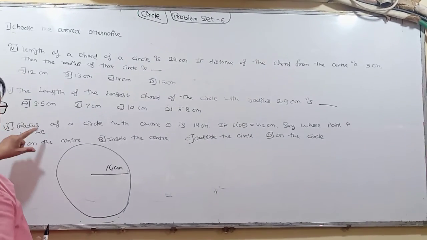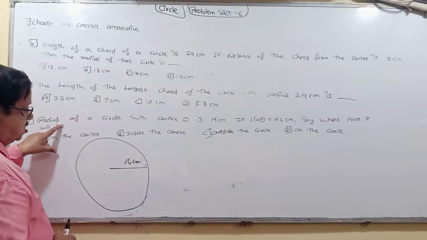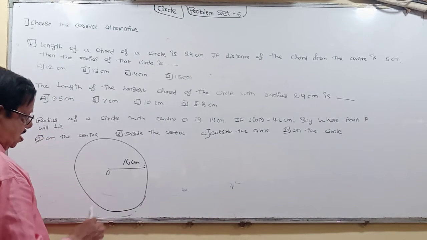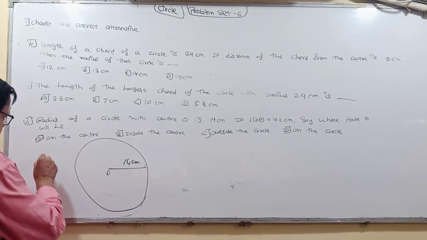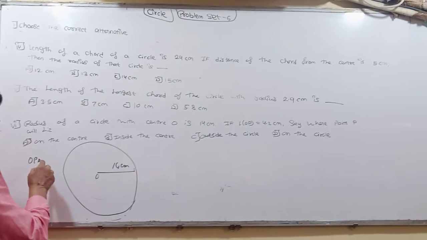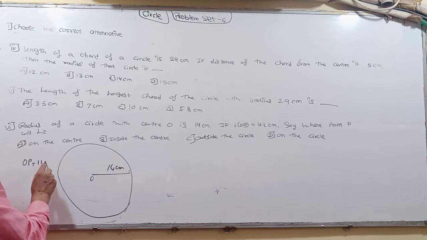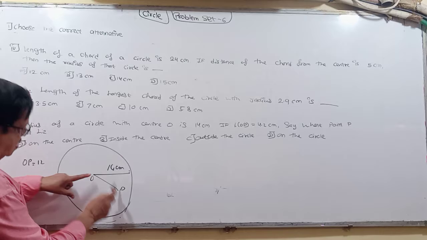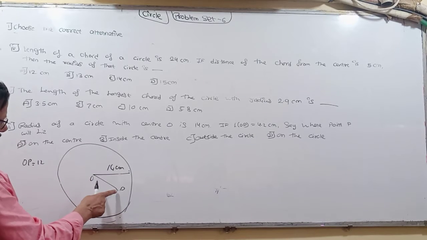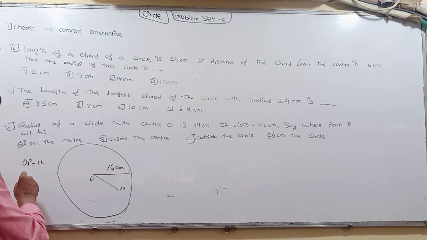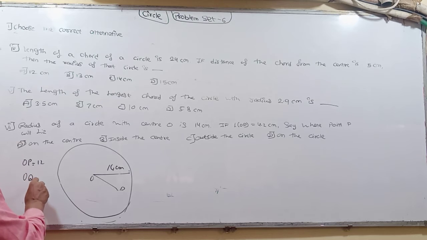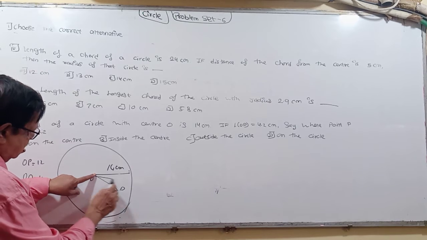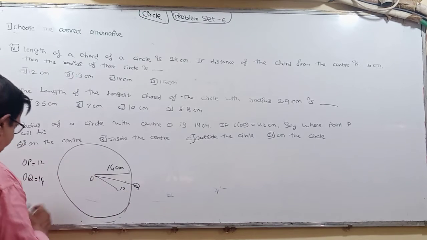Now, any point whose distance from center O is less than 14 will be inside. For example, OP equal to 12. So P will be inside. Less than radius होगा तो inside आएगा. If another point OQ equal to 14, so Q will be on the circle.